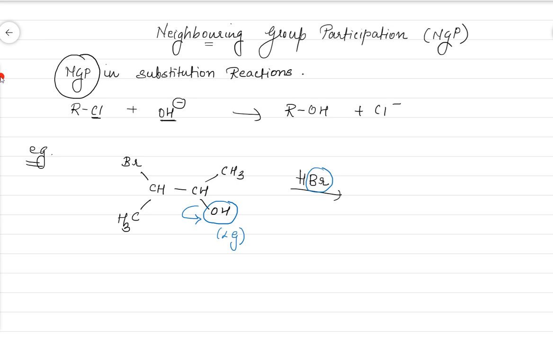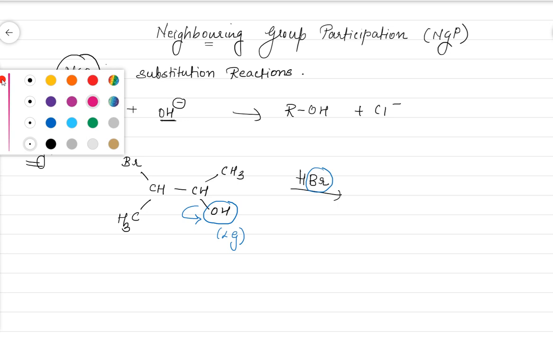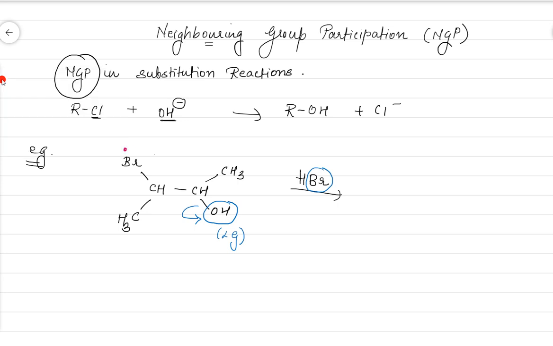So what is present on the adjacent carbon atom? Br. Now Br is going to assist the leaving of the OH. Now why is it going to assist? First and most important thing, this is our NG. This is our neighboring group and this is going to participate. This is going to assist the removal of OH.